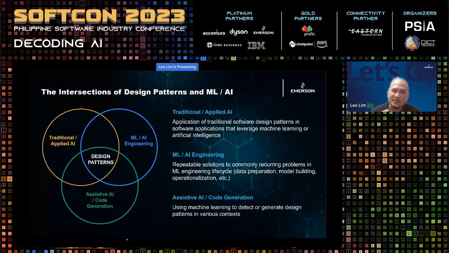This is really the traditional software design patterns I was discussing earlier in the section, applied to software applications that leverage machine learning or artificial intelligence. So meaning this is already an application of a machine learning implementation. So in these cases you can still use design patterns because it's still a software application, right?